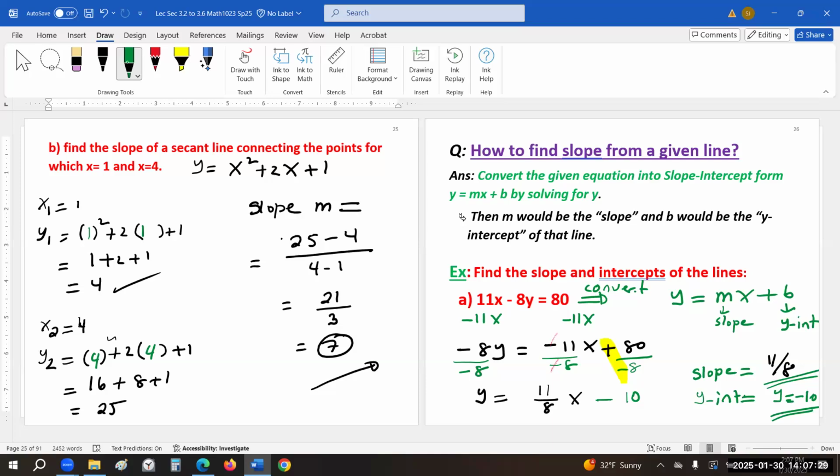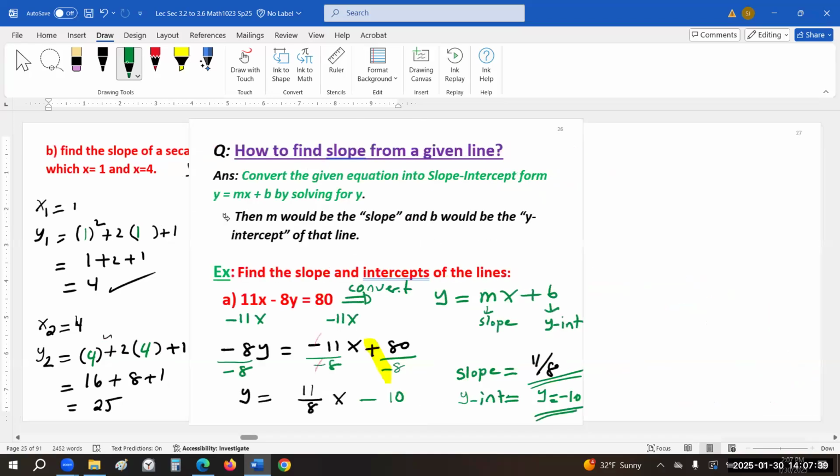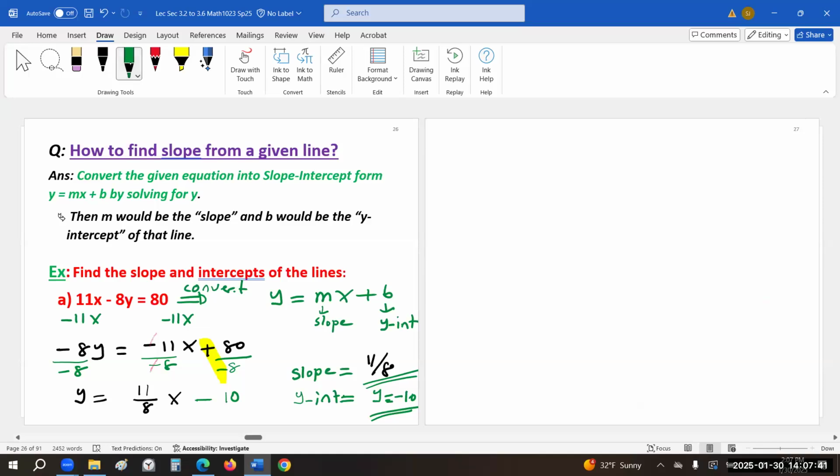So we found two of them. Look at the direction. It says find the slope and also intercepts. It means x and y, both of them. We found y. That means we just have to find the x and then we will be done. Find the x-intercept. So we did it at the beginning of the class. How do you find the x-intercept?